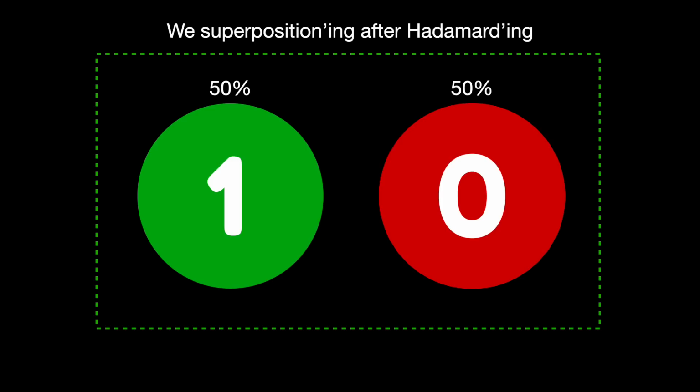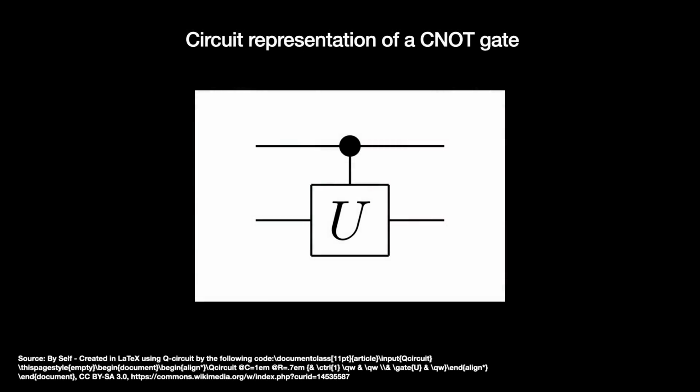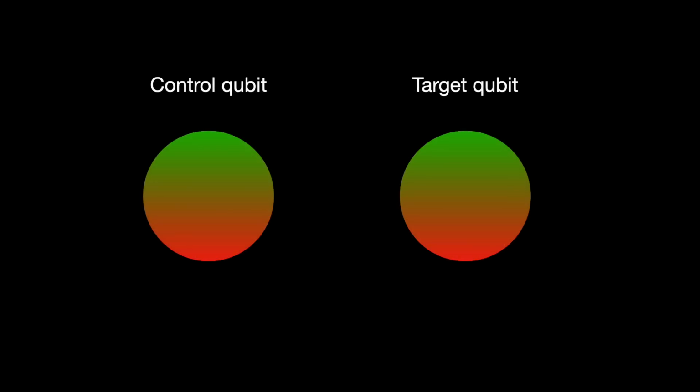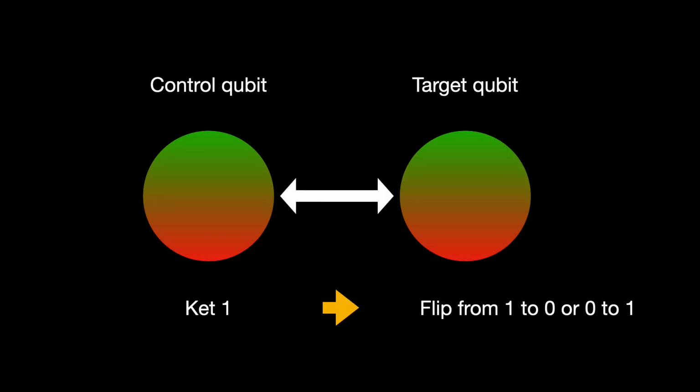Another important quantum gate, which we will talk about later, is the controlled NOT gate, or the CNOT. Note that this gate acts on two qubits, a control and target qubit. If the control qubit is in a state called Ket1, then flip the target qubit from 1 to 0 or vice versa. Note that by successfully applying this CNOT gate, we have now linked together two previously independent qubits.